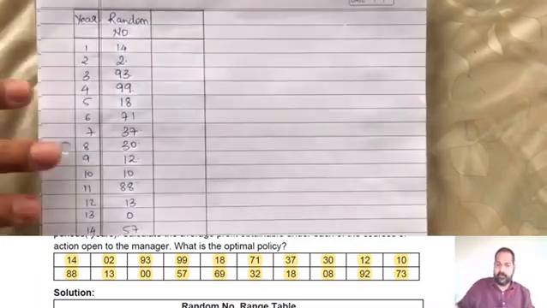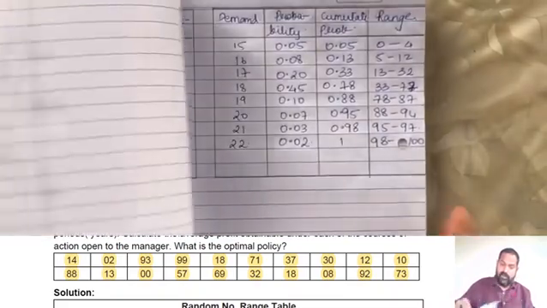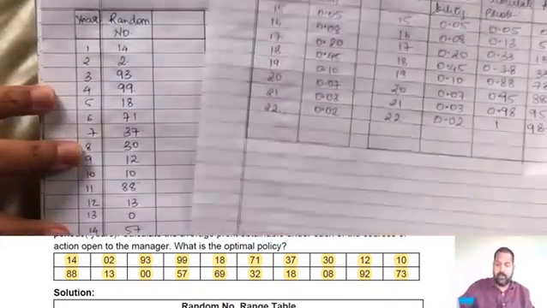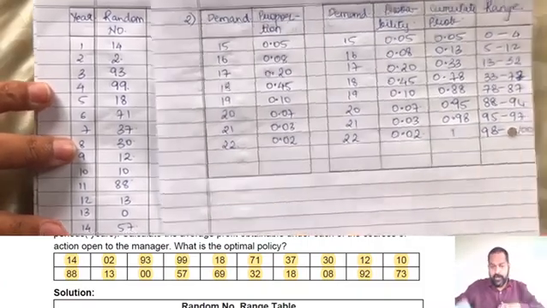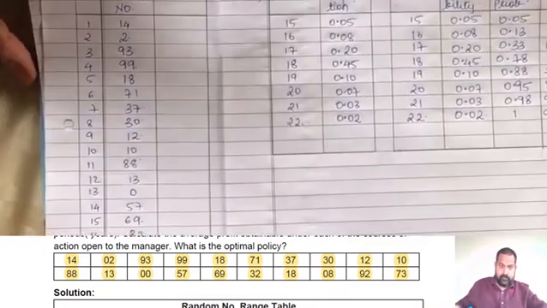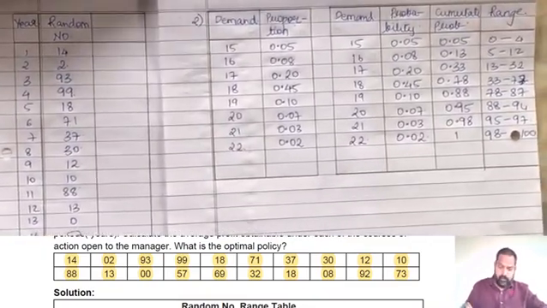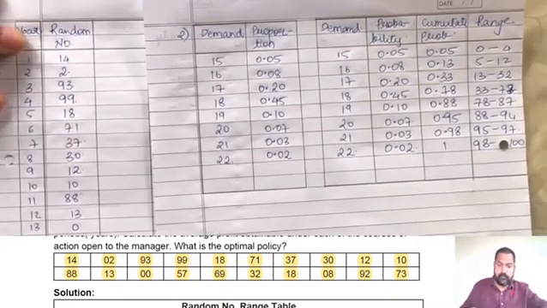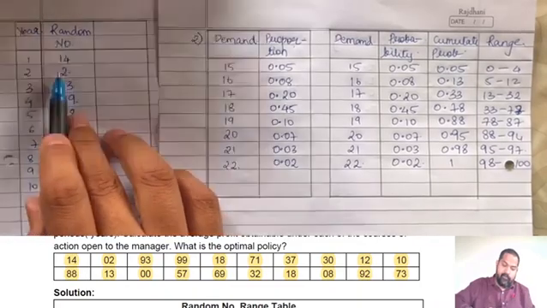Am I right? Let's start the prediction. So luckily I have done this on 2 independent pages, so I can use both together to do my prediction. So let me put this side by side so that I can use both. Random number 14.